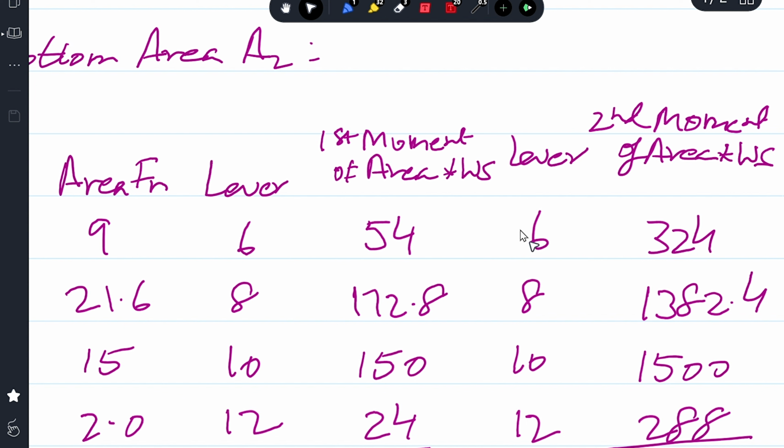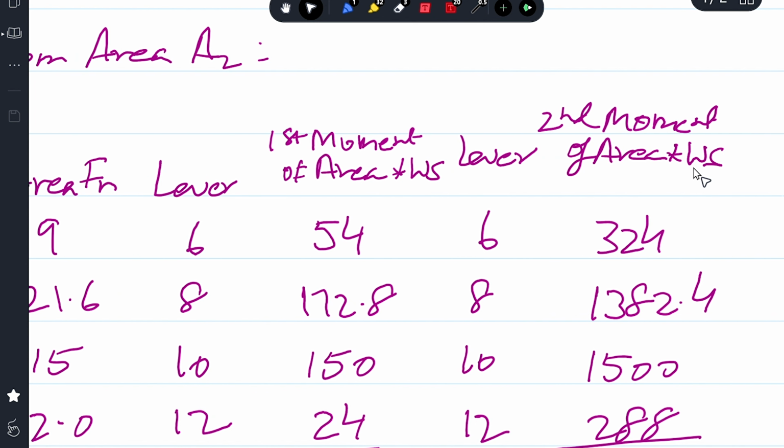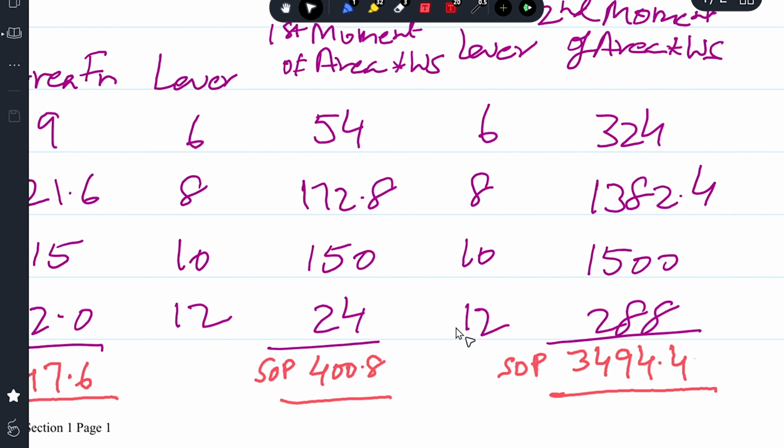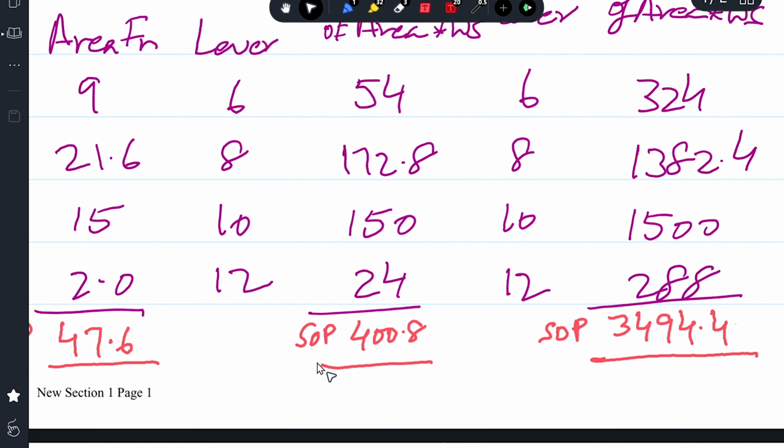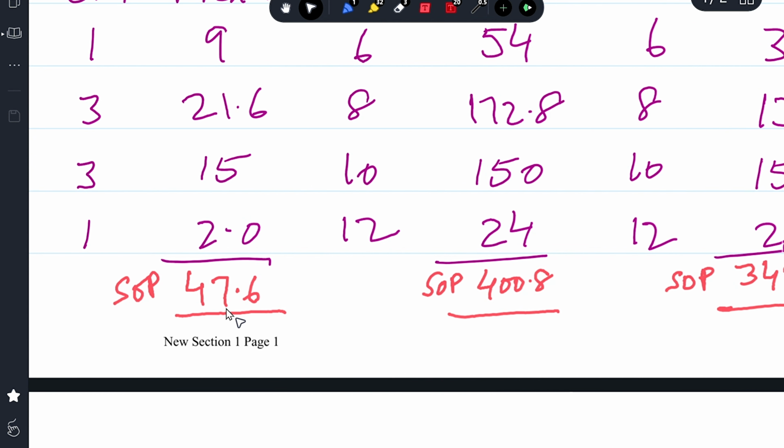We multiply the first moment by the lever again and it becomes the second moment of area about WS, the water surface. 54 into 6, 324, and 172.8 into 8, 1382.4, 150 into 10 is 1500, 24 into 12, 288. Now add up: second moment of area, sum of the products, 3494.4, first moment of area, sum of the products, 400.8, and area function, sum of the products, 47.6.